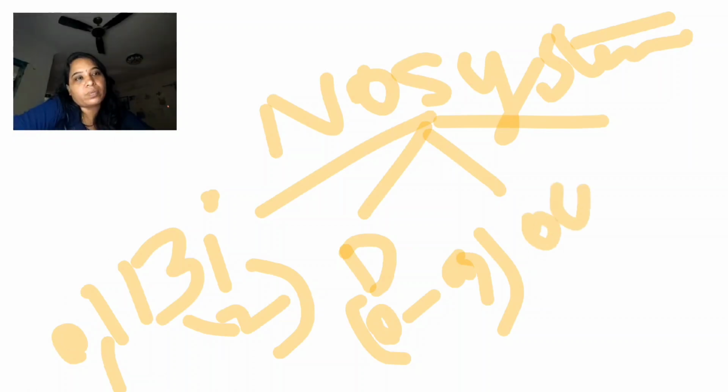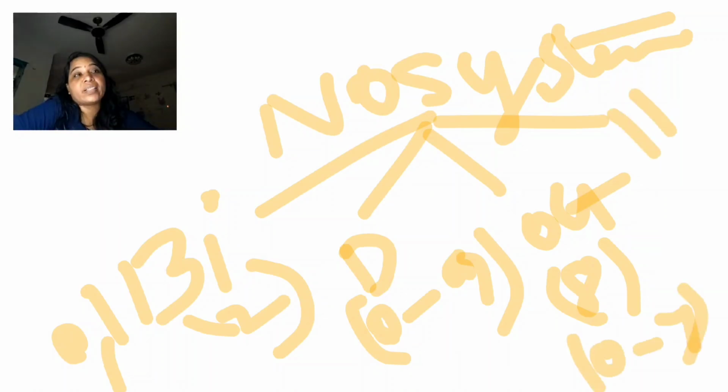And then octal. Octal base is 8. Here also you can get 0 to 7 numbers. And hexadecimal, HD. Here you are going to get 16 digits.